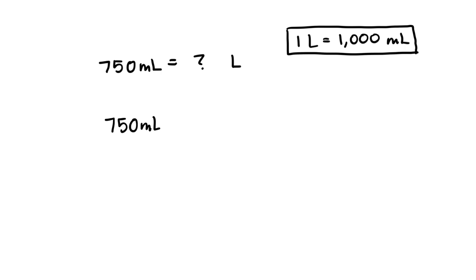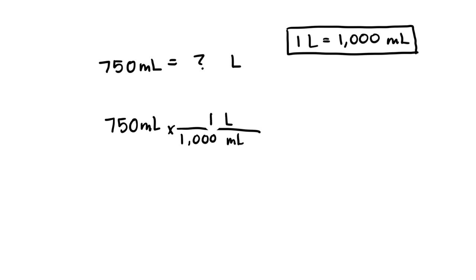So I take what I'm starting with, 750 milliliters, and I multiply it by my conversion factor. If you watched my intro to dimensional analysis, this might look familiar. We know we have to put the 1,000 milliliters on the bottom because milliliters is in the top on the first part of the equation. So we put 1,000 milliliters on the bottom, and we know that equals 1 liter.